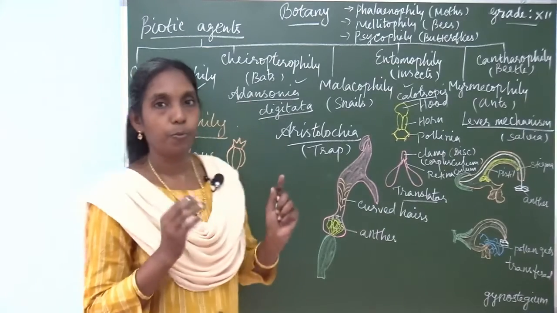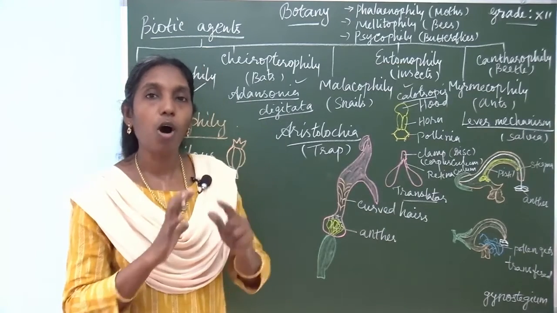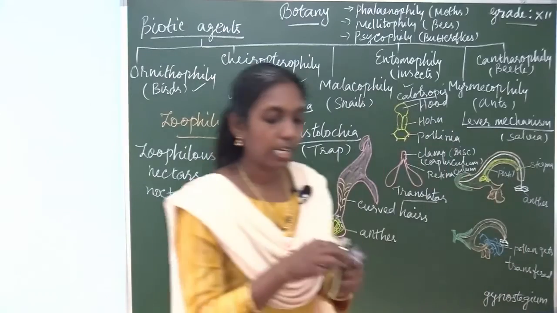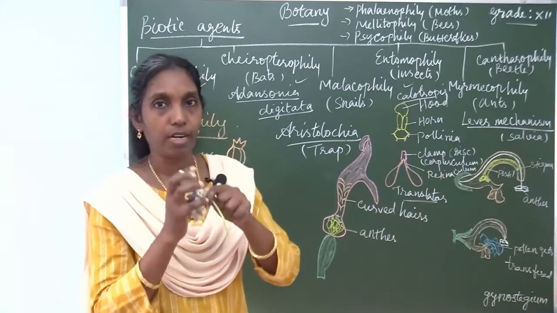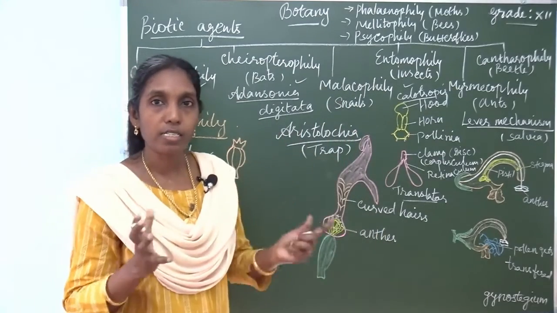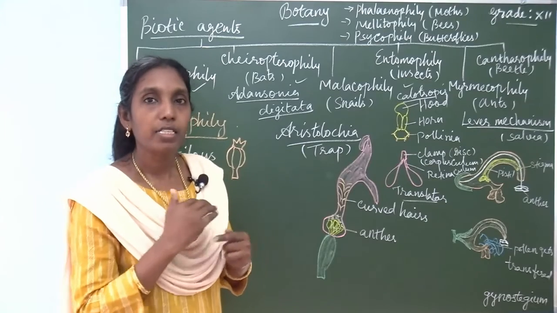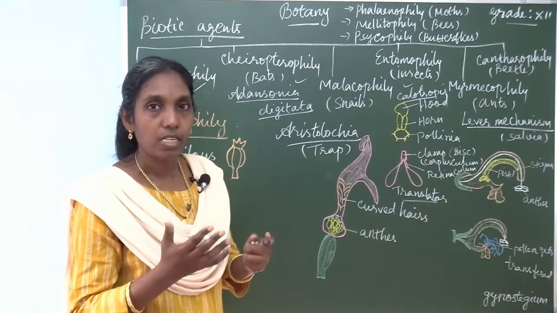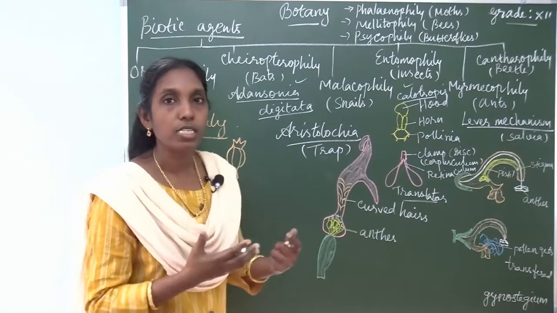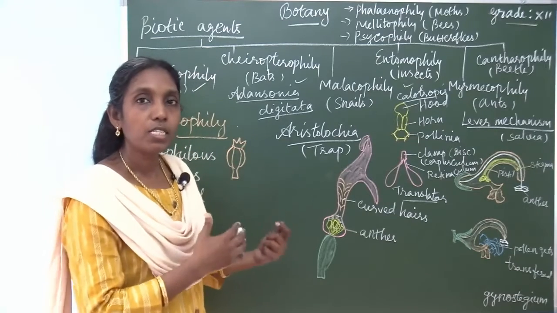These flowers are produced singly or in clusters. A cluster of flowers like this develops, or the flowers may be single. Either a single flower or a cluster develops, and they secrete nectar as well as scent. So they produce odor, and these flowers are open.